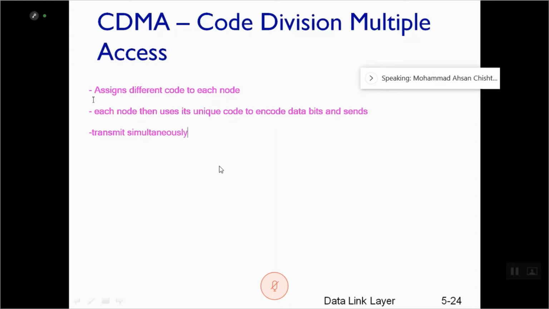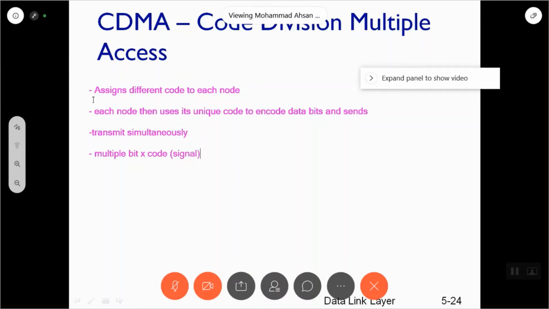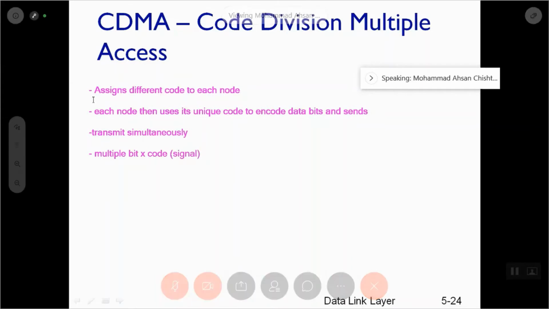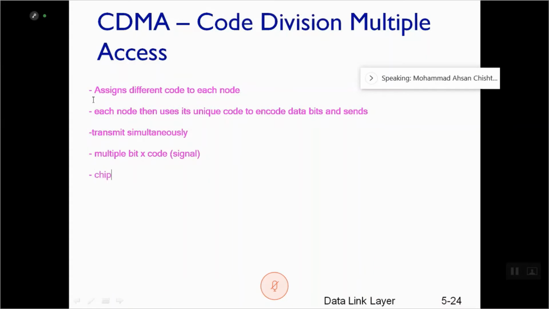That is, it's encoded by multiplying the bit by the code, that is the signal that you have, and that is at a much faster rate, which is typically known as the chip rate.